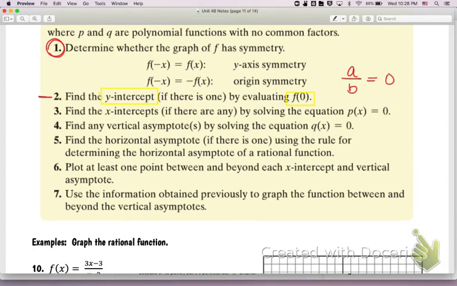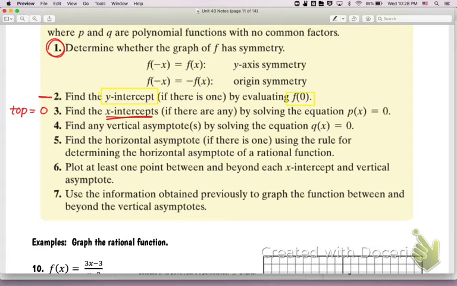If this is equal to 0, it's the top that has to equal 0, because we can't divide by 0. So when you want the X-intercepts, you set the top of the equation equal to 0. That's how you find your X-intercepts, okay?